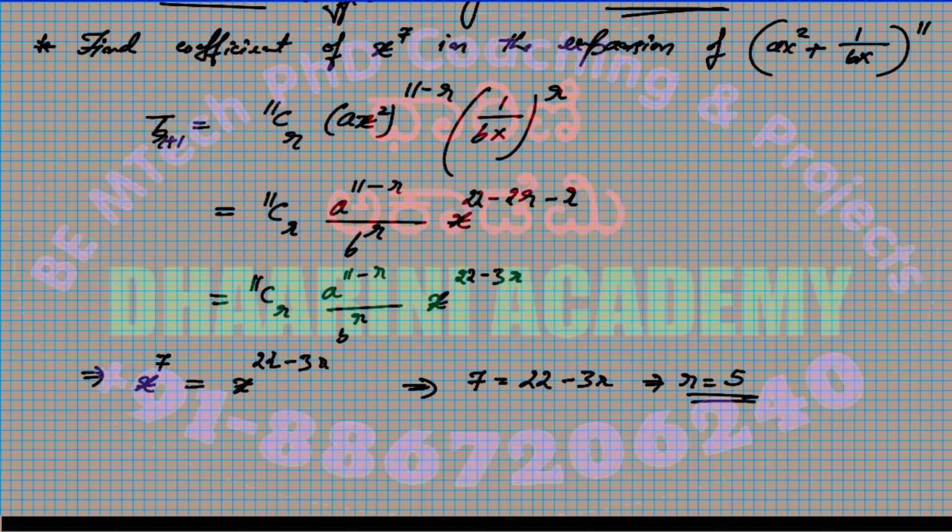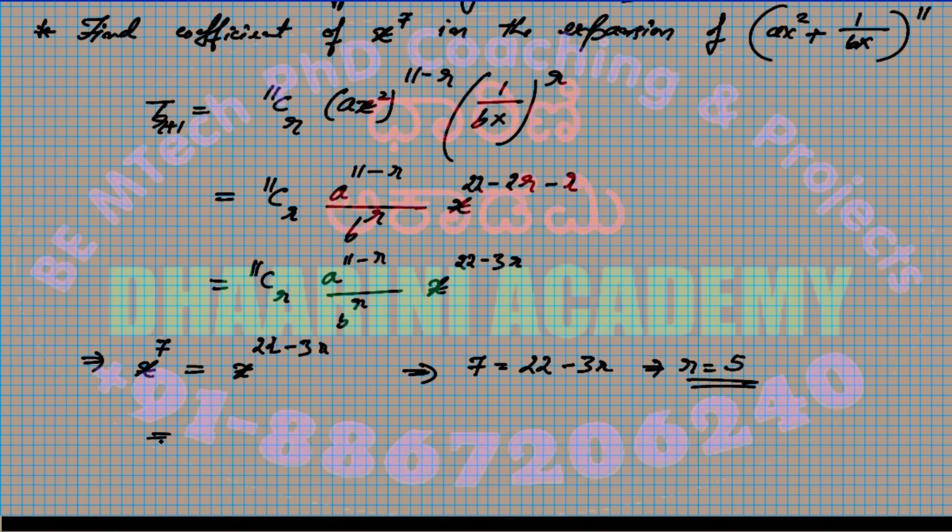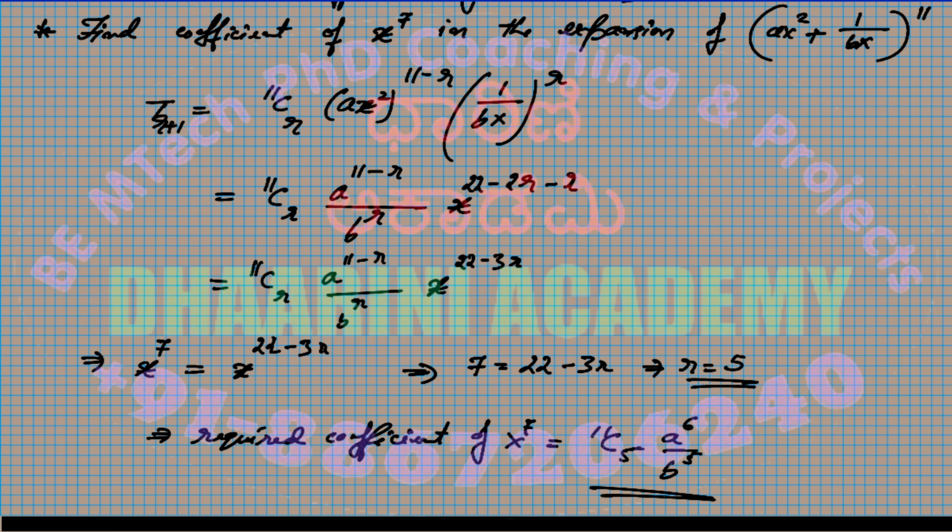So let us try to write the coefficient. This implies the required coefficient of x to the 7 is nothing but 11c5 into a to the power 11 minus 5, so 6, divided by b to the power r, so b to the 5, is the required answer.